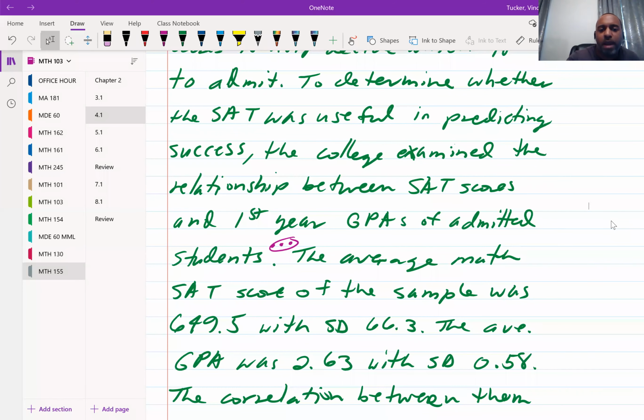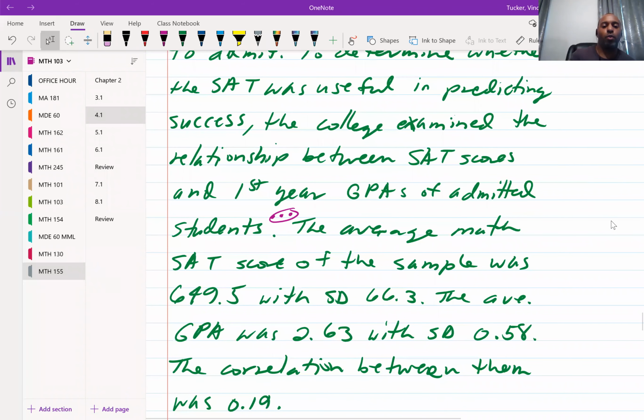So it says the average math SAT score of the sample was 649.5 with standard deviation, SD, I use SD for standard deviation, 66.3. Then we have the average GPA was 2.63 with standard deviation of 0.58. And the correlation between them was 0.19.